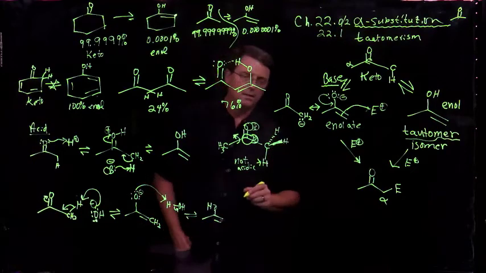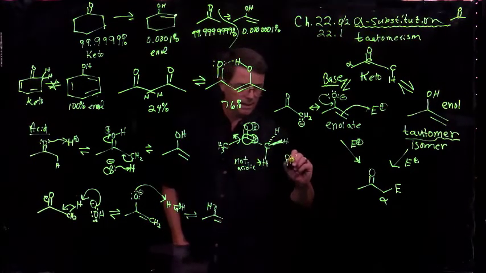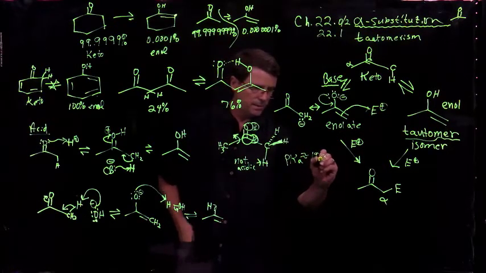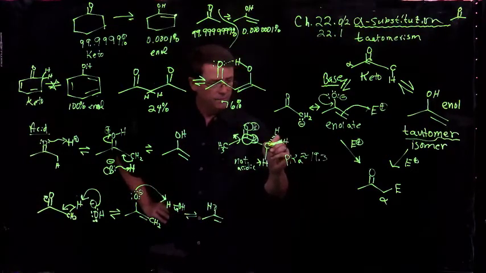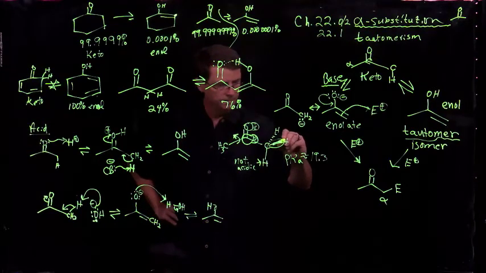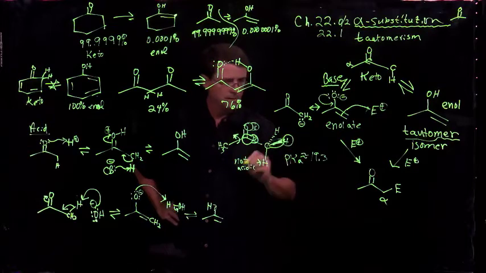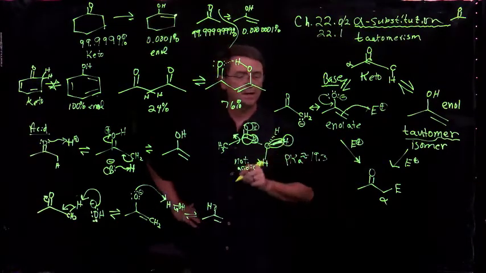Whereas this proton is much, much more acidic. In acetone, the pKa is about 19.3. And it's because this sigma bond, if I can draw in that orbital, there's the hydrogen, carbon with the sp3 orbital making the bond to hydrogen.